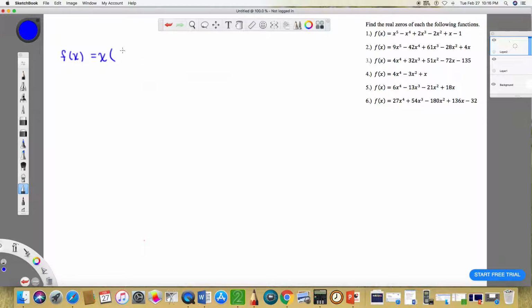And I'll have 6x cubed minus 13x squared minus 21x plus 18.